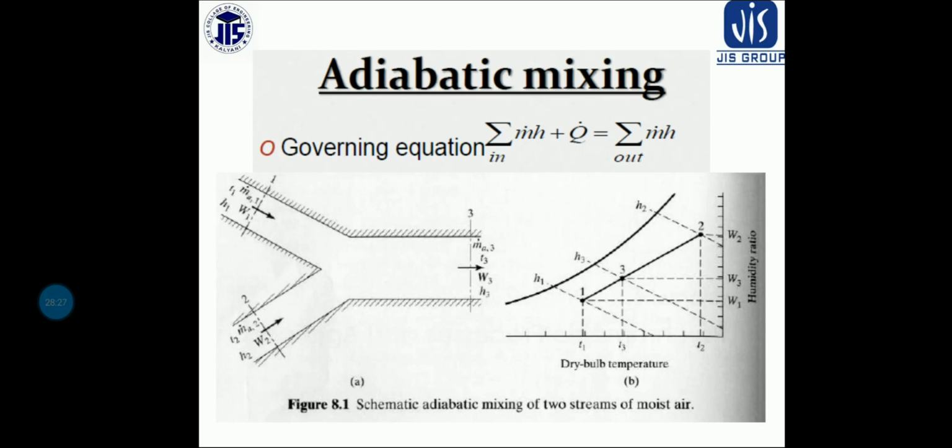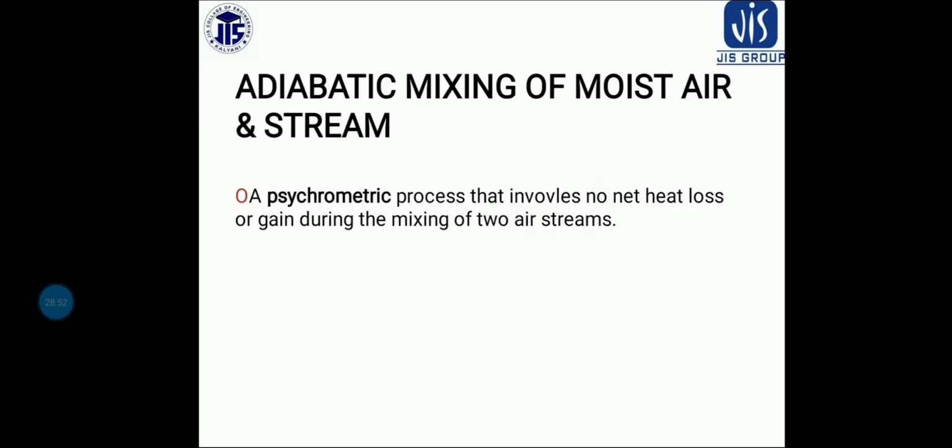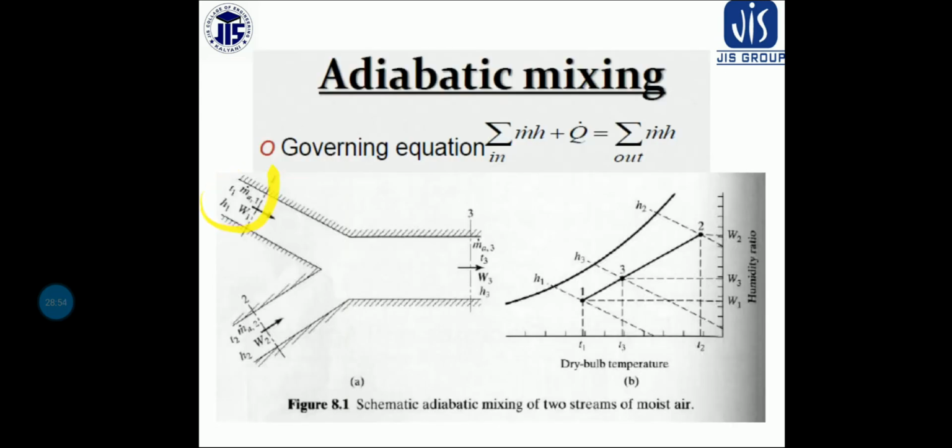Okay, so this is the total knowledge on adiabatic mixing, or the mixing of air streams, and it can be calculated with the formula M1 by M2 is equal to W3 minus W2 by W1 minus W3, where W1 is shown in the chart, or it can be written as H3 minus H2 by H1 minus H3.